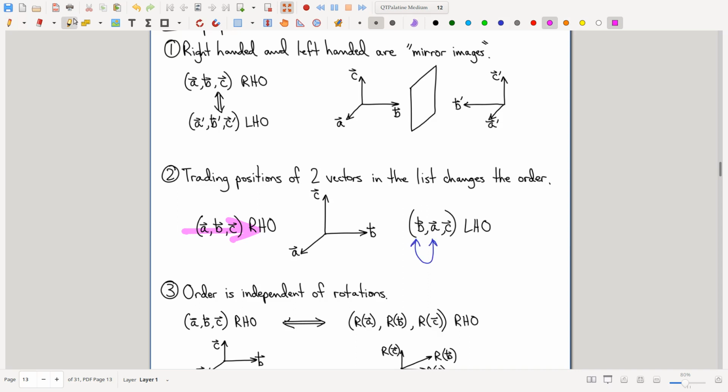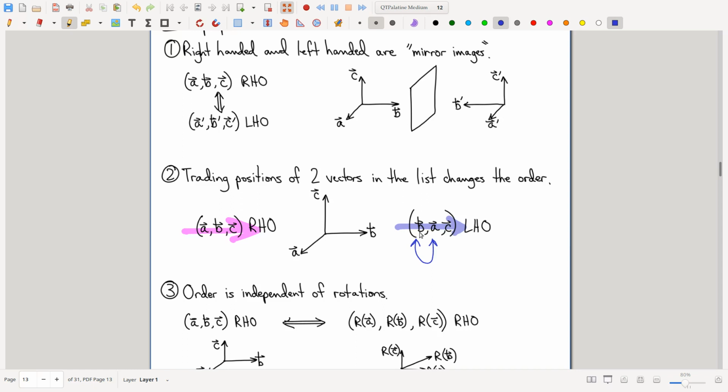If I make that switch, and now say, what if B is first, then A is second, and C is third? Left-hand order. Anytime you trade the positions of any two vectors in the list, the handedness will change.